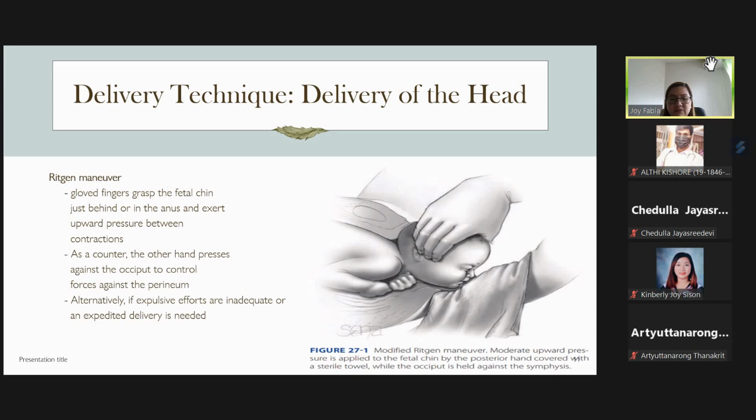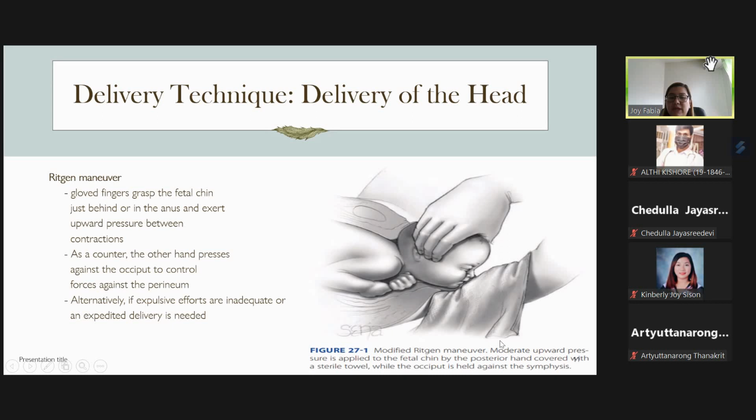This is used if expulsive efforts are inadequate or an expedited delivery is needed. The modified Ritgen maneuver only uses a sterile towel, and it is almost the same. A moderate upward pressure is applied to the fetal chin by the posterior hand while the occiput is held against the symphysis pubis.